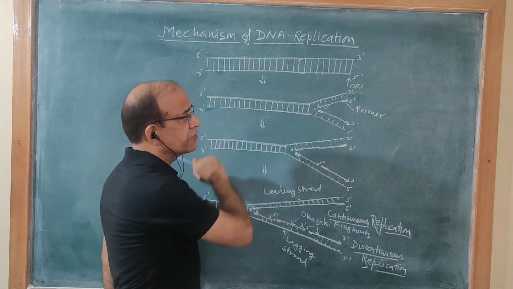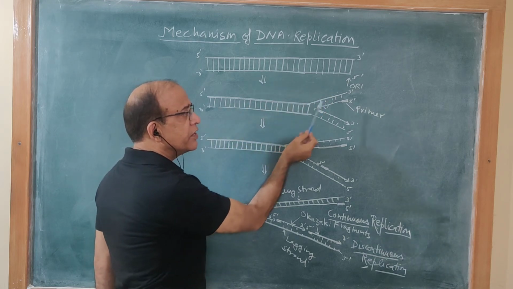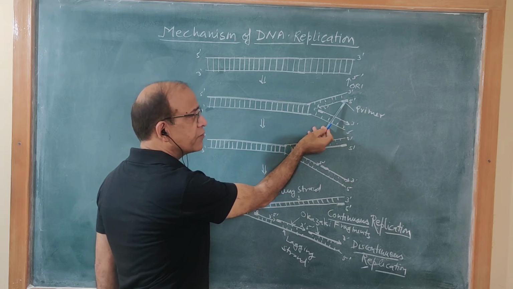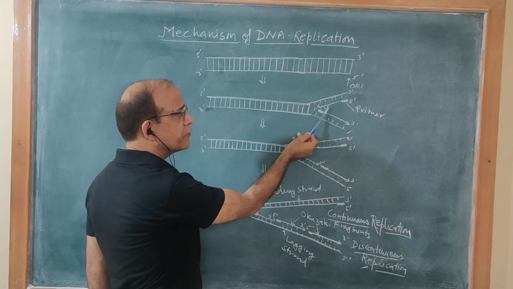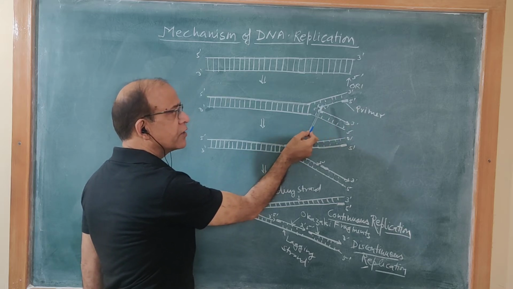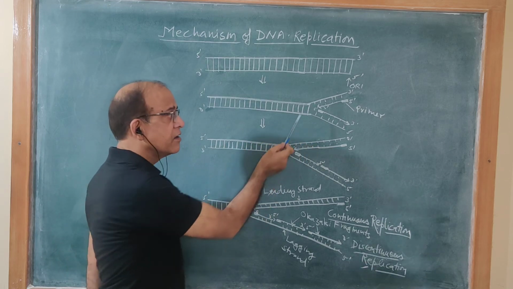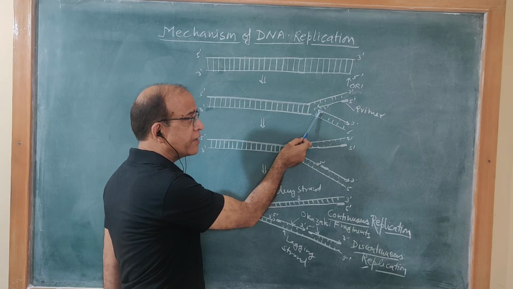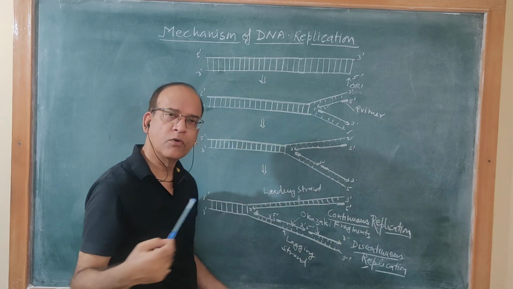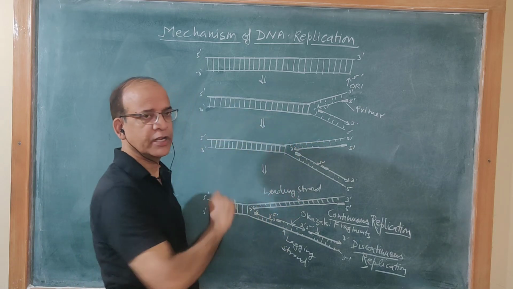On this template strand, first there is primer formation, and then the replication proceeds from 5' to 3'. On the other strand, again there is first formation of a primer, and then the new strand of DNA begins to synthesize from 5' to 3'.